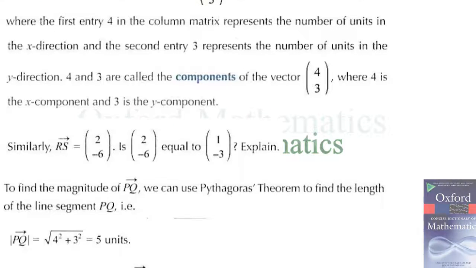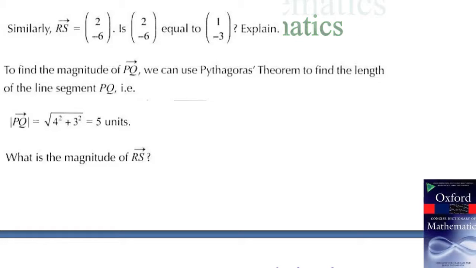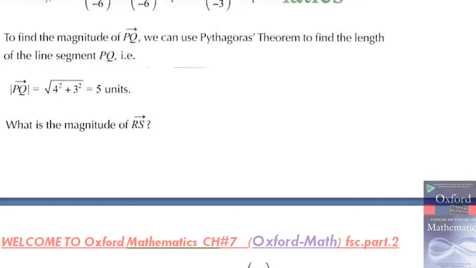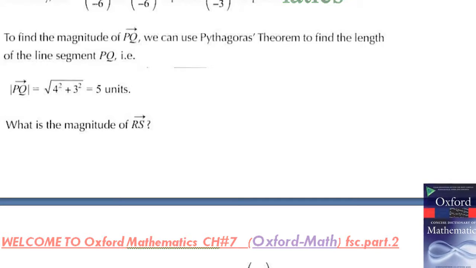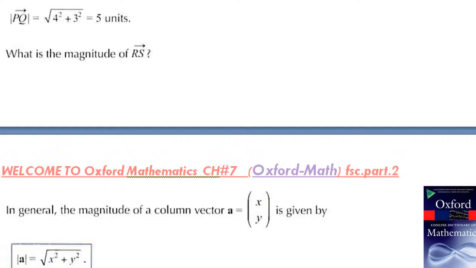So these are not equal. In this way, the general formula: the magnitude of the column vector A with components (x, y) is given by the square root of x squared plus y squared, which is equal to the magnitude of A.